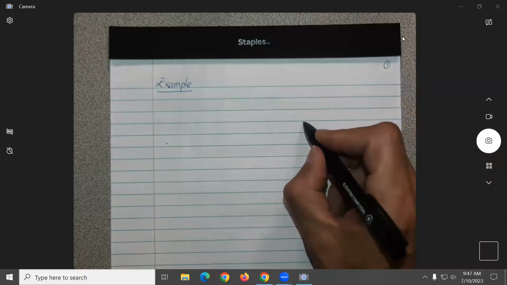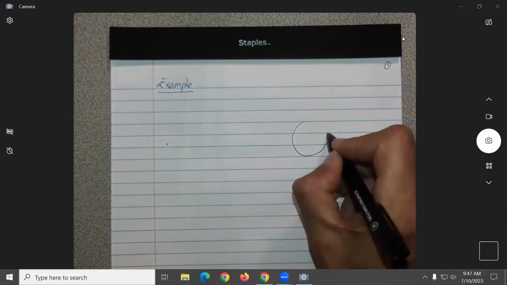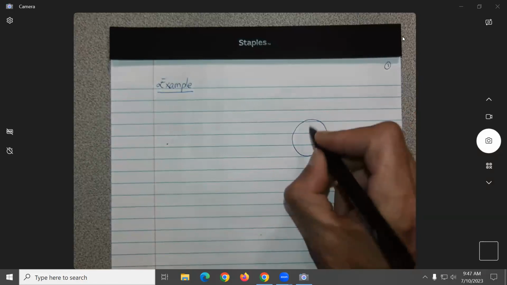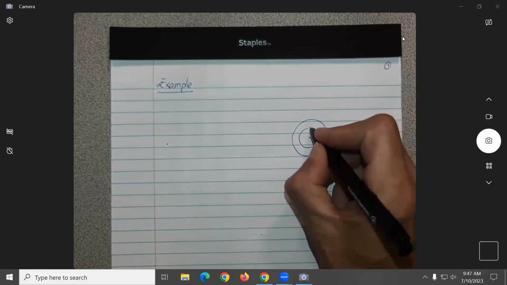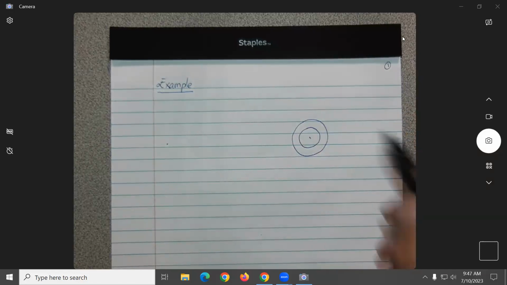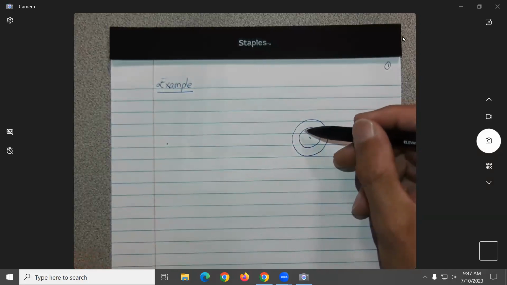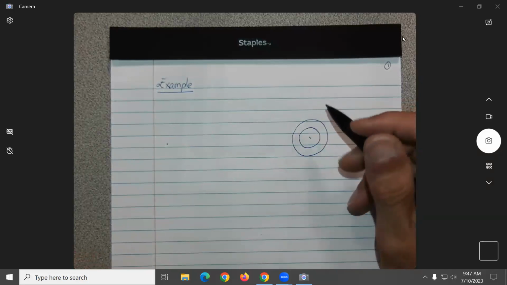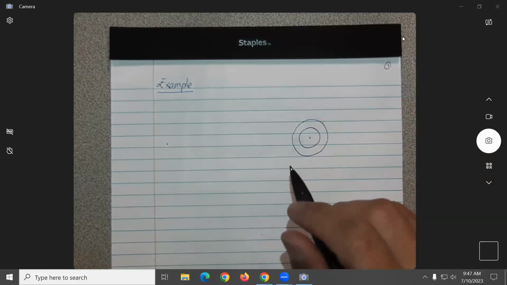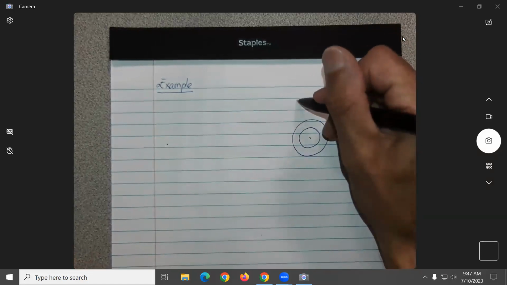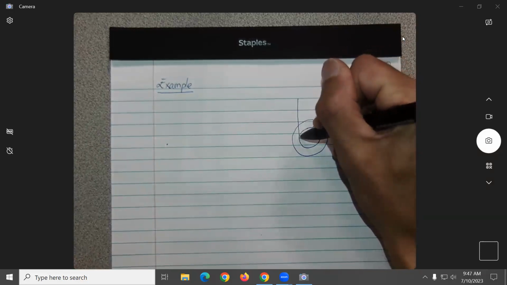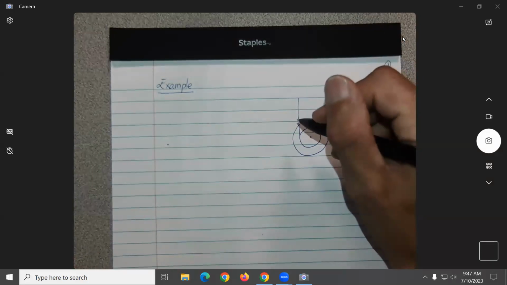So for this case, we need to find the equation of motion for the following system. So there is a pulley that has, if you want, two pulleys welded together. So on this side, a string is going to come in here.